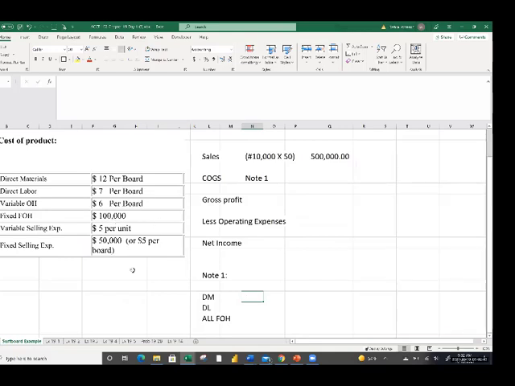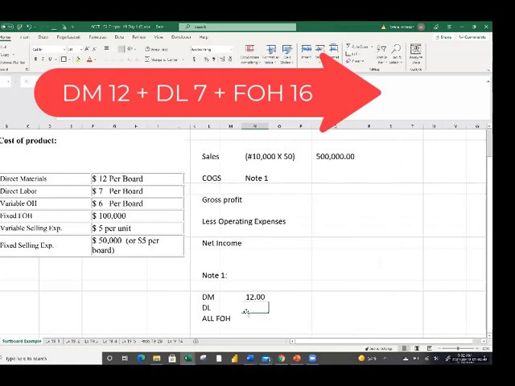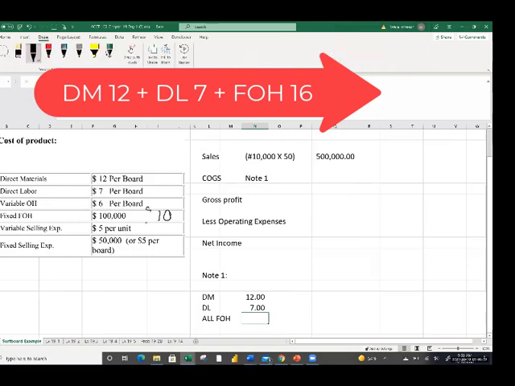Looking at our little snip, you guys have the full handout. Direct materials was $12. Direct labor was $7. And all the factory overhead would be both the variable and fixed. The variable overhead was given to us at $6 per board.